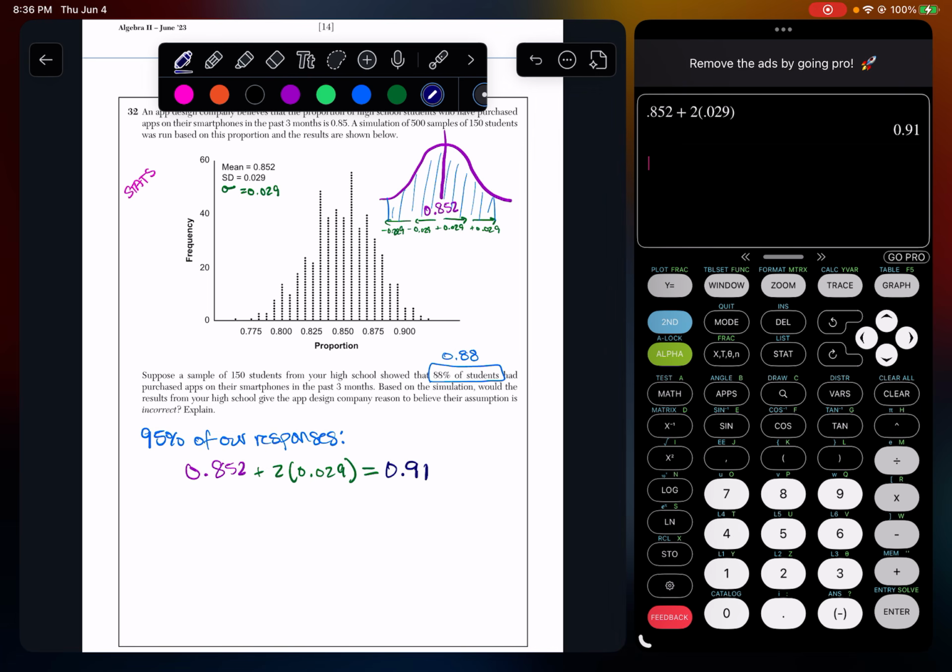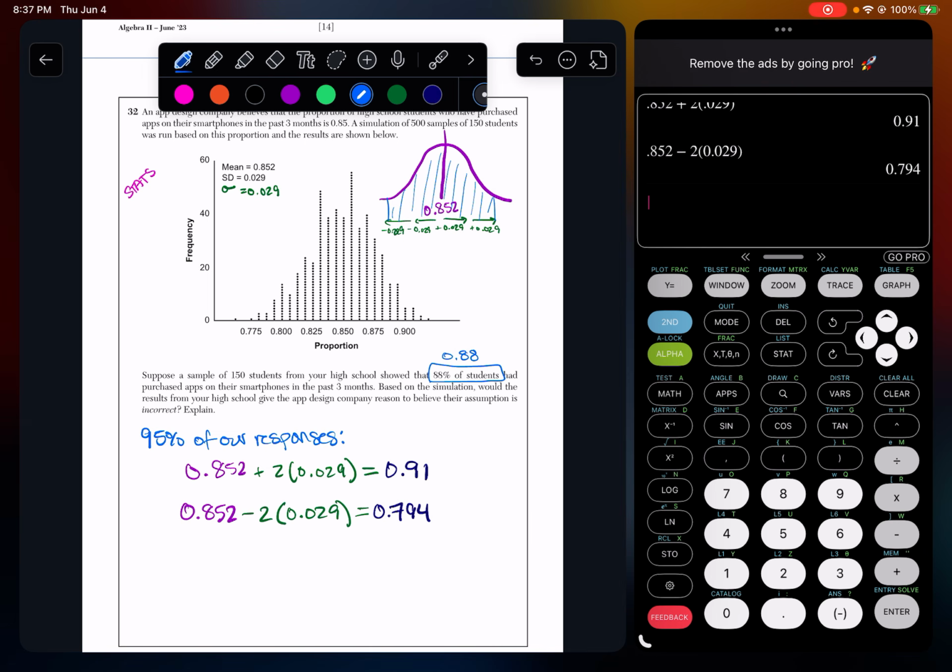So that's the upper bound of my 95%. Then I'm also going to take my mean, and I'm going to subtract 2 standard deviations. If I subtract 2, I get 0.794.